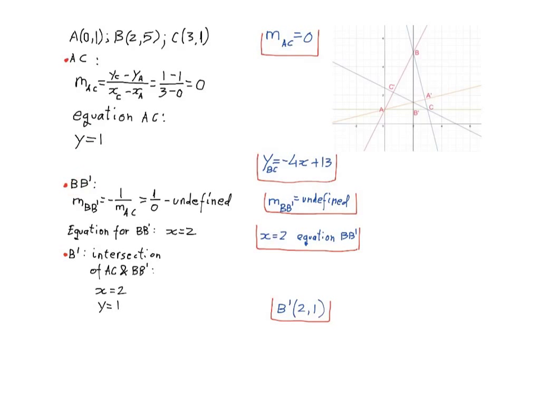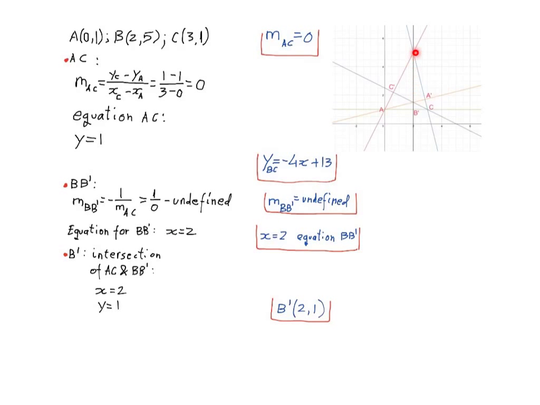BB prime now, BB prime is going to be negative 1 over MAC, which is 1 over 0, and therefore is undefined. And BB prime being undefined, the equation for BB prime is x equal to 2.